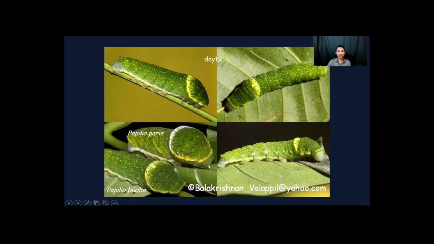The true eyes of the caterpillar are somewhere here. In moths and butterflies, caterpillars, as they grow and as they molt and move from one instar to the other, they can look quite different, as in this case you saw. Let's move ahead.